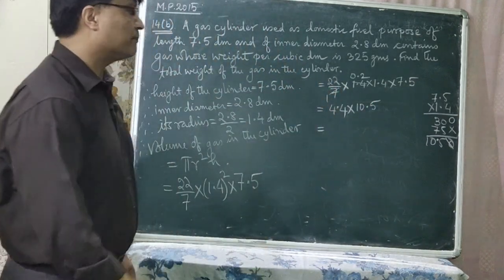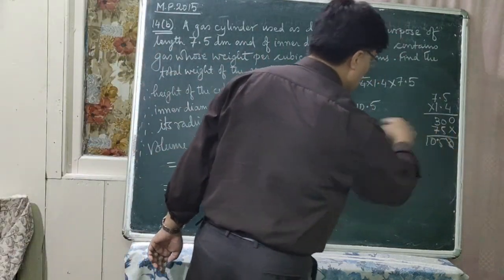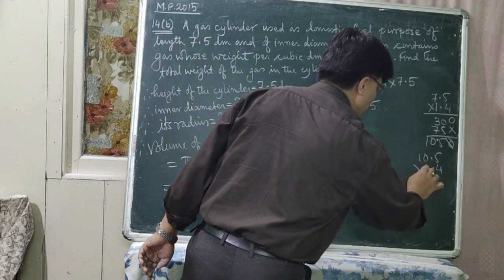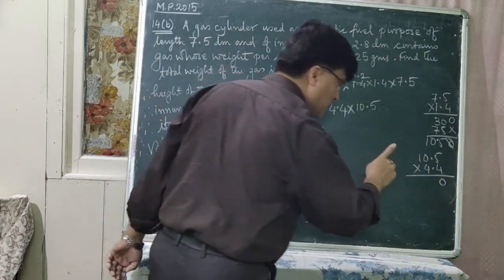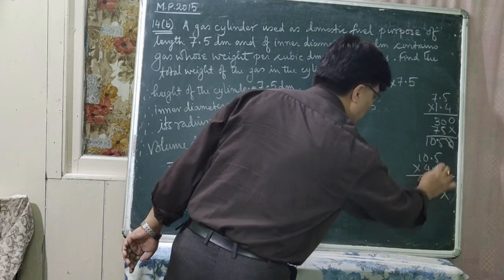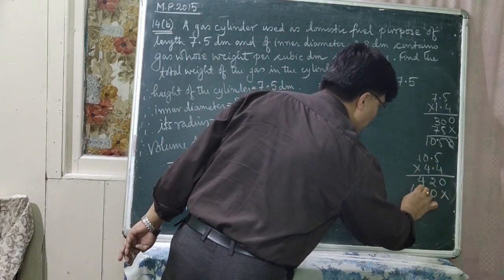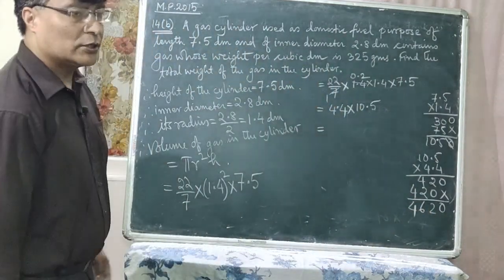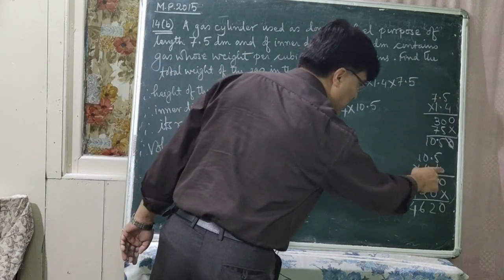So which is equal to, again you have to multiply 10.5 by 4.4. Let us multiply them. Okay? 4 5s are 20, 0, 2. 4 zeros are 0 plus 2 is 2. 4 1s are 4, right? Again 4 5s are 20, 0, 2. 4 zeros are 0 plus 2 is 2. 4 1s are 4. So it is 0, 2, 6, 4. Here also after decimal point there is one figure, below also one figure.